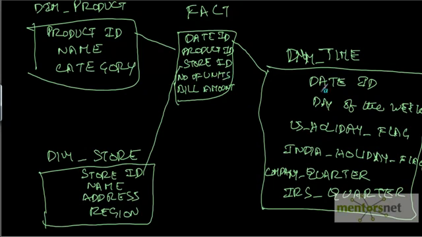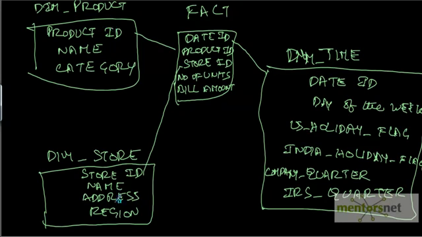And the dimension tables will have attributes which describe the dimensions in more detail, like whether it's a holiday in US, whether it's a holiday in India, whether it's quarter 1 or quarter 2 as per the company calendar, and as per the IRS calendar, what quarter this is. In product also we could save a lot of attributes. For now we have only name and category.